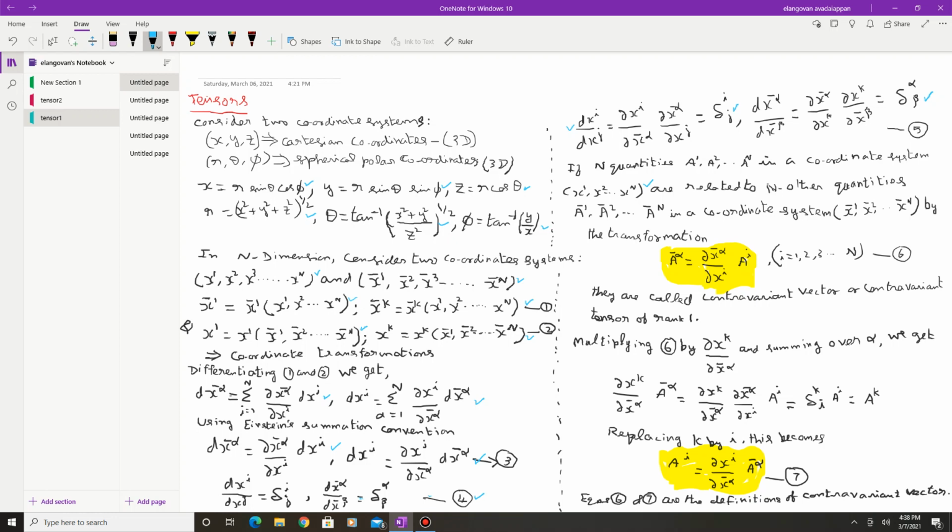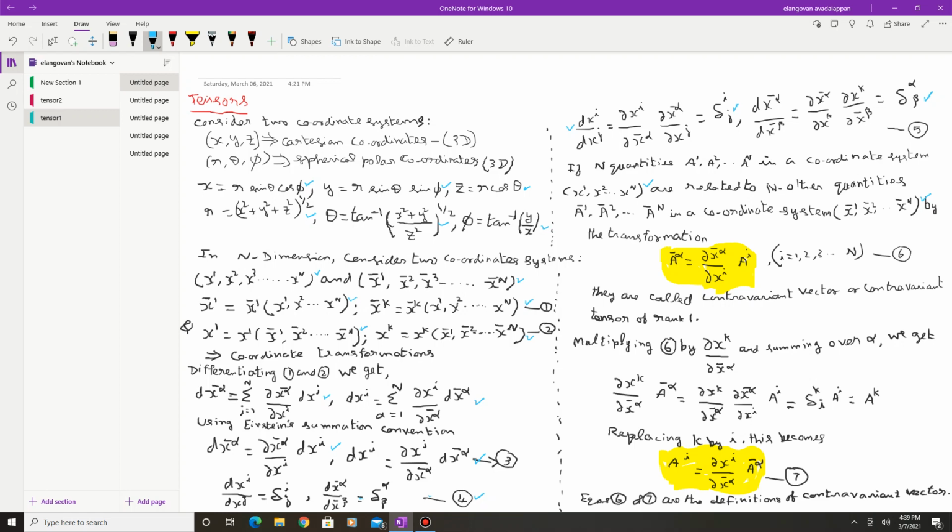Similarly, let us consider another coordinate system. This is the barred system, x1 bar, x2 bar and xn bar, so that in n dimensions we will have n coordinates. In that system, consider the quantities A1 bar, A2 bar and An bar.